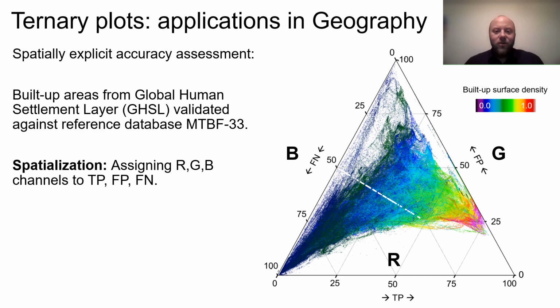We can not only visualize this in a ternary plot, we can also spatialize these ternary plots. So right now it's an aspatial visualization, and this spatialization, converting it into a geographic space, is done by means of associating each of these three dimensions with a color channel, right?